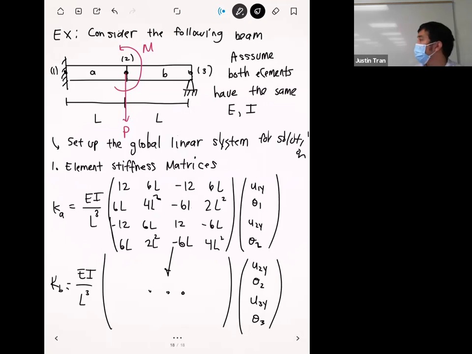Right, and so now that we have the element stiffness matrices for both of our elements, we're now ready to assemble that into the global linear system.